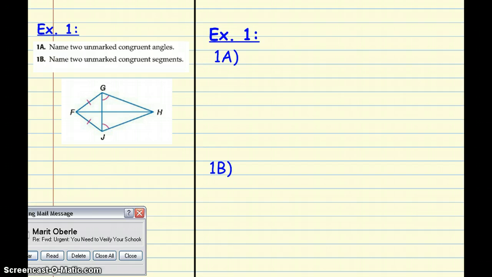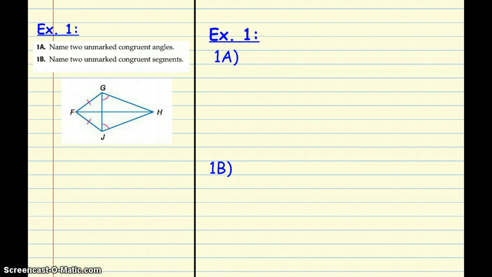Our first example here is we're going to name 2 unmarked congruent angles, and then we're going to name 2 unmarked congruent segments. So I'm going to start with the unmarked congruent angles. As we take a look at the diagram, we're going to specifically look at triangle FGJ.